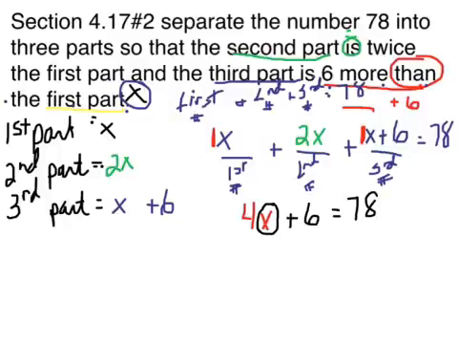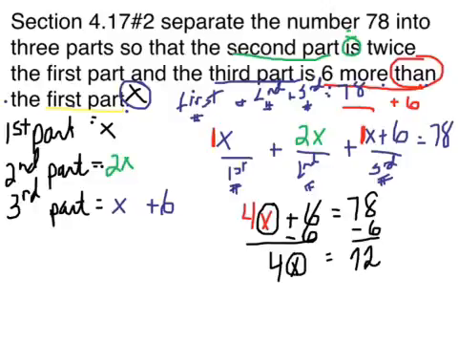It's the opposite of a plus 6, because we always do the opposite, minus 6. Okay? So now we've got 4X plus 0, which is just 4X. Most of the time we don't write the plus 0 down. And then 78 minus 6 is 72. And if I want to find out what X is now, all I've got to do is divide both sides by 4. And I'm going to get X equals 72 divided by 4, which is 18.